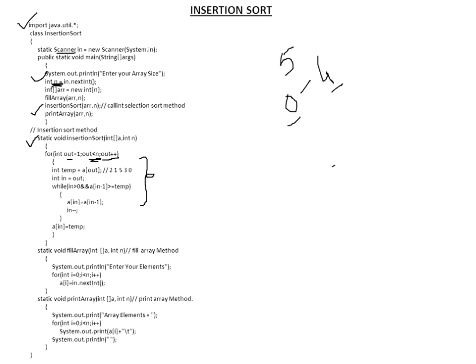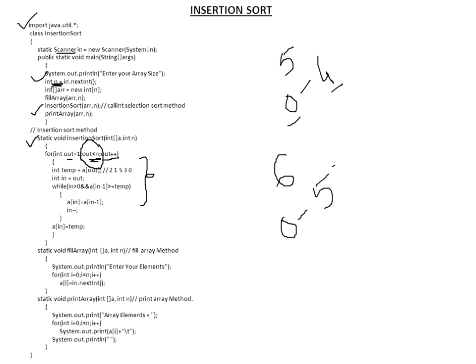I have made an assumption that if a user enters array size as 5, or suppose 6, then the index will be from 0 to 5. That is 1 less than the size of an array. So it will be less than n.